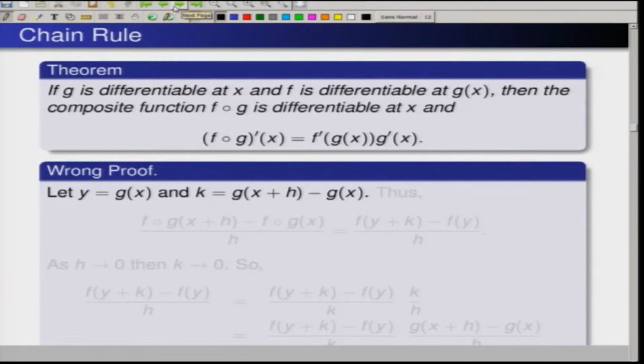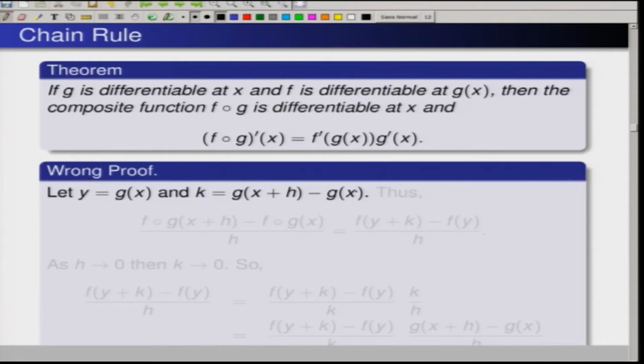Let us take y equal to g of x, and k equal to g of x plus h minus g of x. You can see that y is a function of x, and k is a function of h.